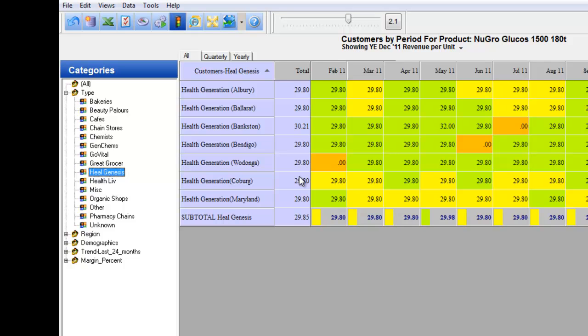And in fact, what we do see is that there are certain customers, for example, Health Generation Bankston, getting an average pricing of about $30 versus some of the others, which is a little bit lower than that. Automatically, we're starting to get a feel for the differentiation of how we are pricing our various customers. Now we can maybe do some corrective action.